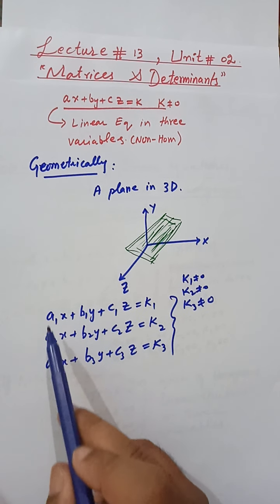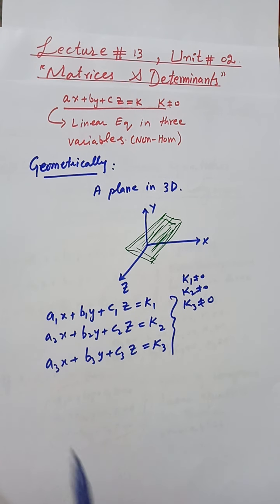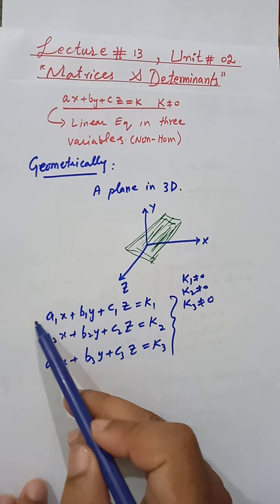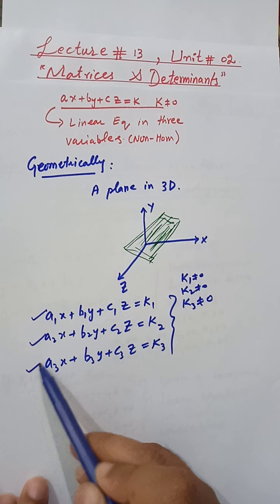Now actually there must be three planes. If three planes intersect at a single point, that single point must be an ordered triple in 3D. This is a plane, this is a plane, and this is a plane.